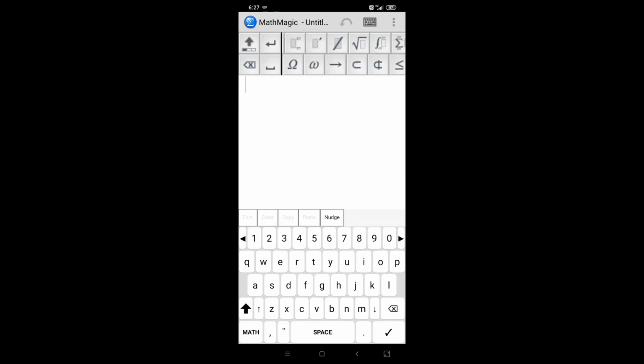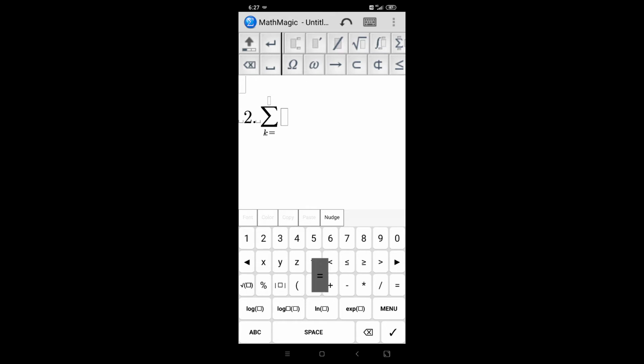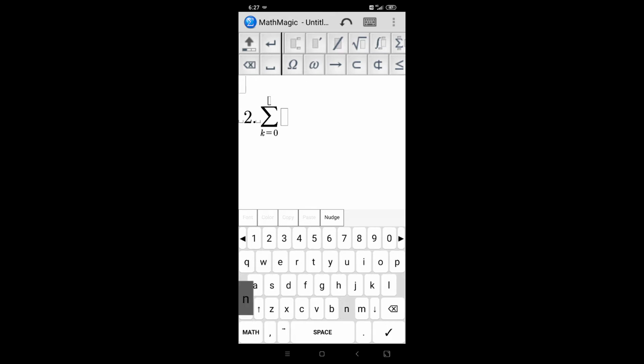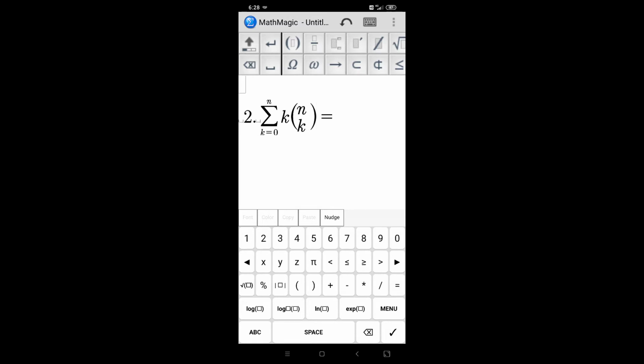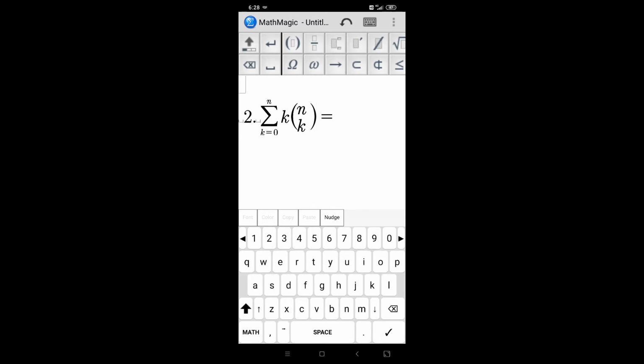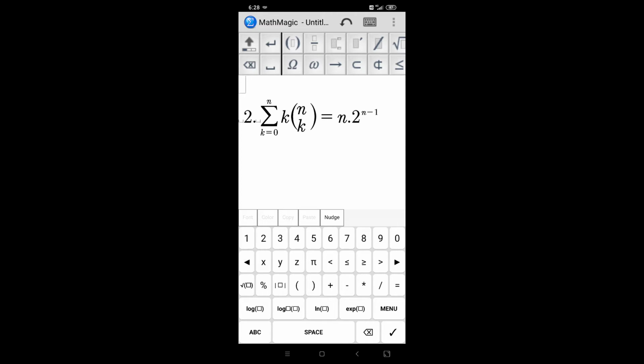Okay, so now the next one will be our second identity, number 2: the sum from k equal to 0 to n of k into n combination k equal to n into 2 to the power of n minus 1.